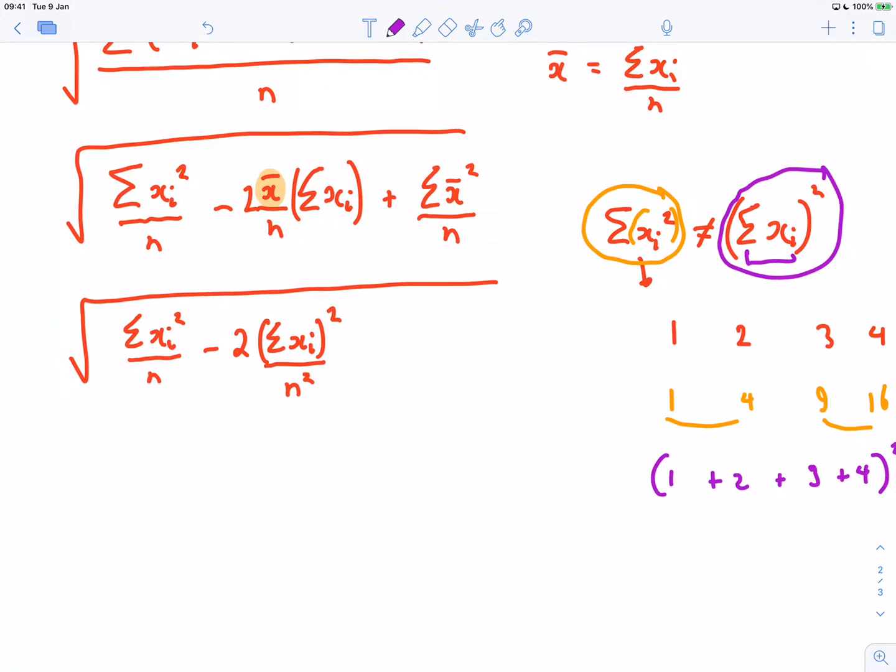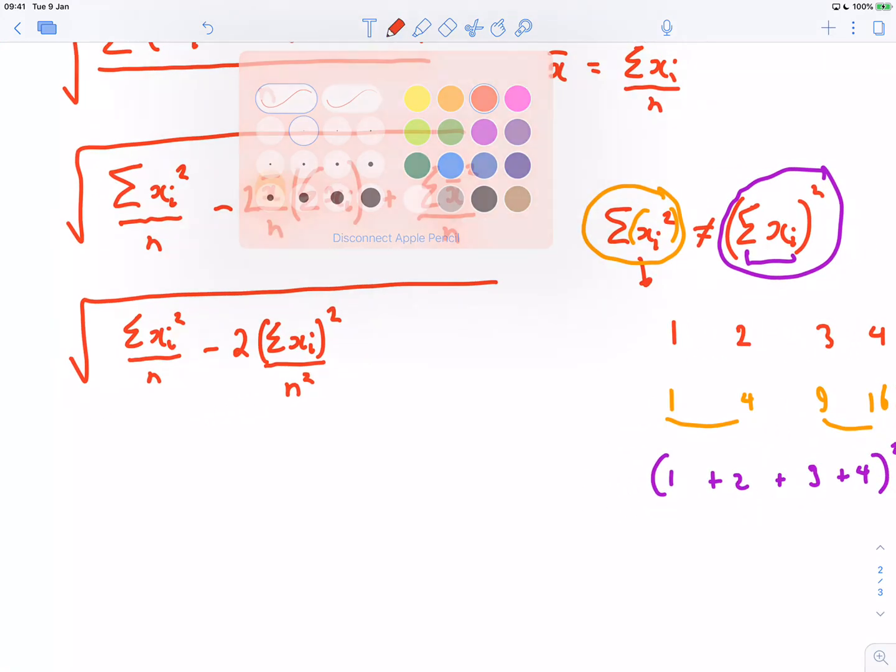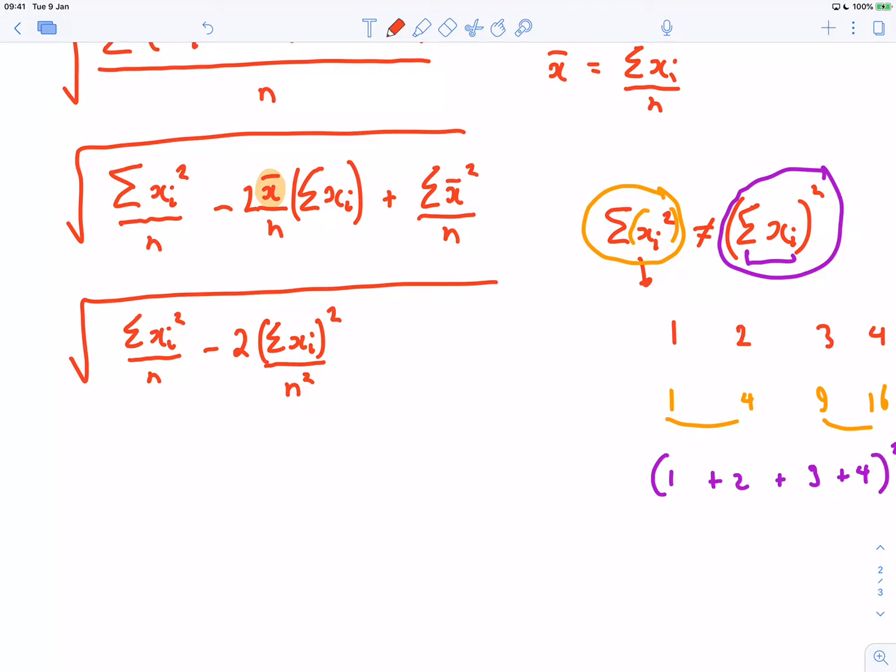So if I go over here, let's think about it. Now the sum of x bar all squared means I've got x bar all squared from 1 up to n. So I've got n lots of it. So this is going to be plus n times the sum of xi over n, but then this is squared and this is squared, and then don't forget this n here, so that n's going to go here like that.